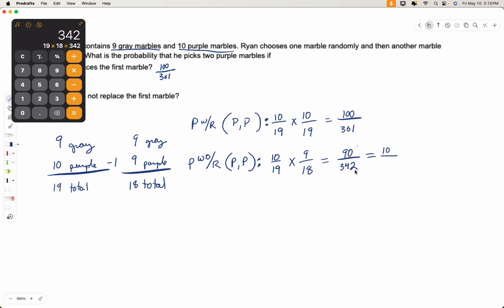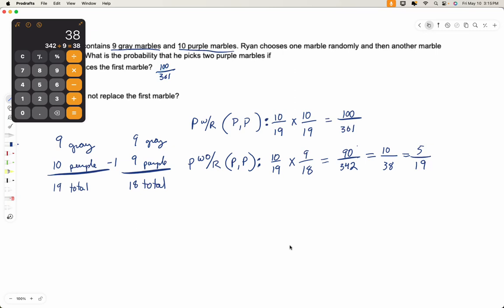And 342 divided by 9 is 38. We can reduce that even more because 10 divided by 2 is 5 and 38 divided by 2 is 19. So 5 out of 19.